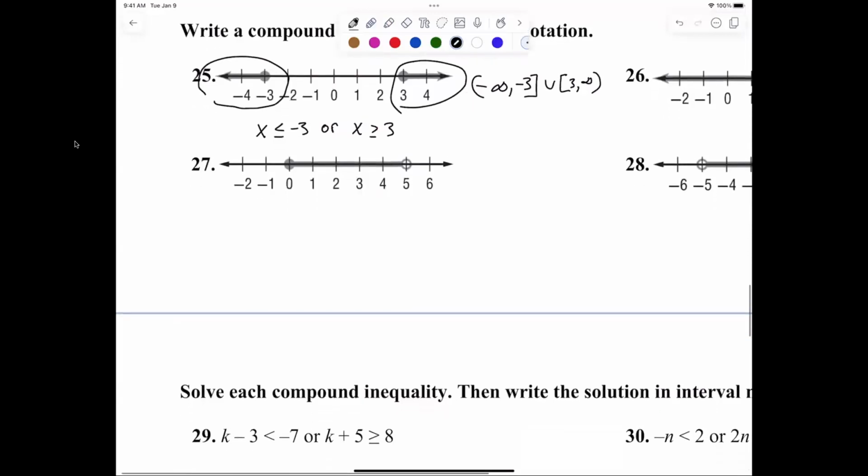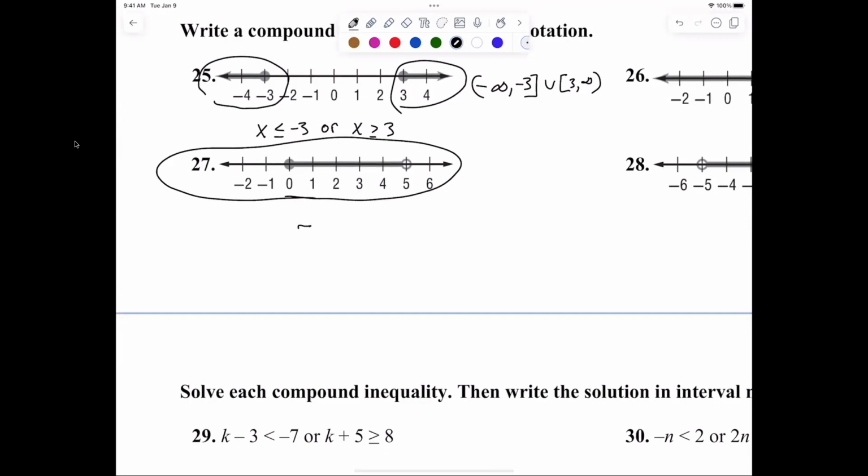All right, 27. Let's look at 27. So how would I write that in interval notation? We would simply say between what? 0 and 5. Except bracket on 0, parentheses on 5. Everybody agree with that?